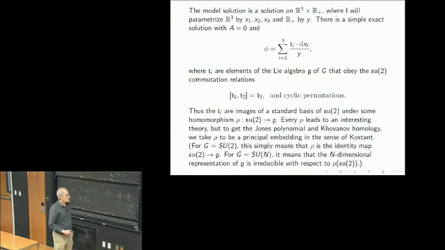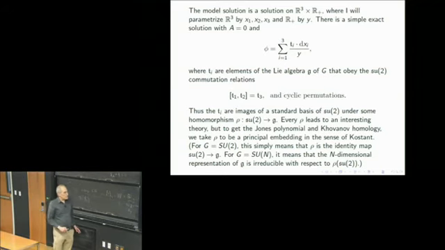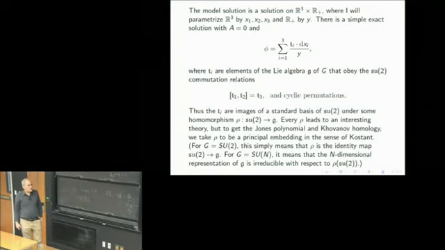For G equals SU2, that just means that G and SU2 are the same Lie algebra, and rho is just the identity map. If G is SUn, it means that the n-dimensional representation of G is irreducible under SU2. SU2 is embedded irreducibly. And this has an analog for every G. So although the theory is interesting for every rho, for the Jones polynomial and Khovanov homology, we take a maximally irreducible rho.